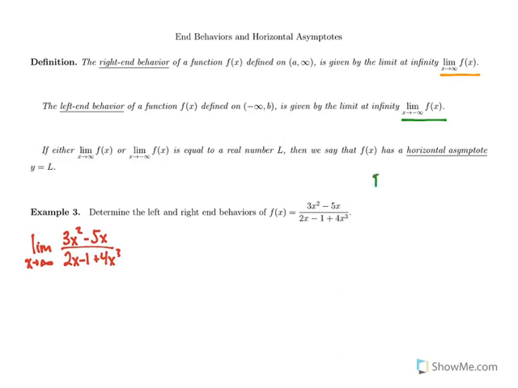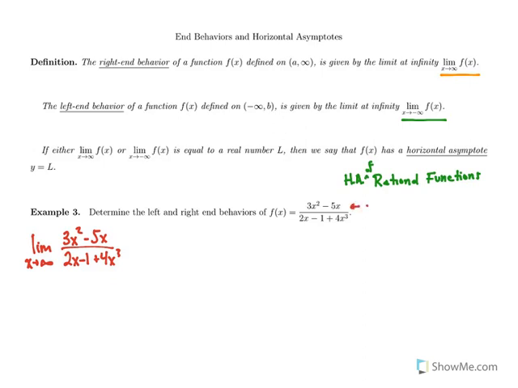So note that this is a rational function, and we know some information about rational functions, especially when we talk about horizontal asymptotes. All right, we're really looking at the horizontal asymptote of rational functions.